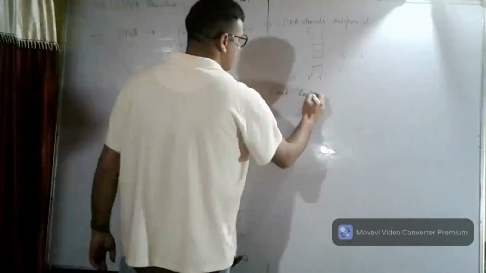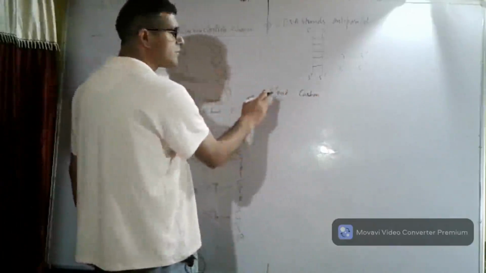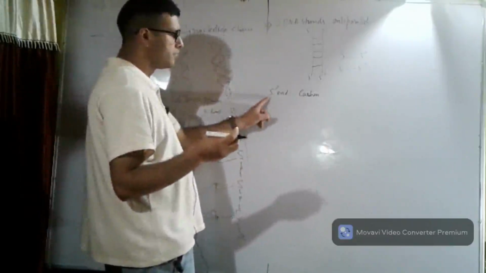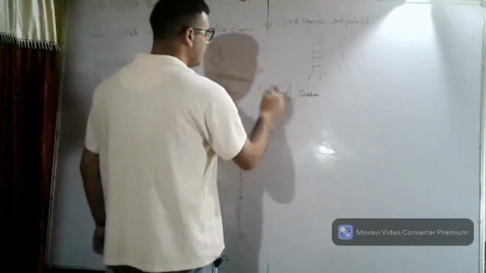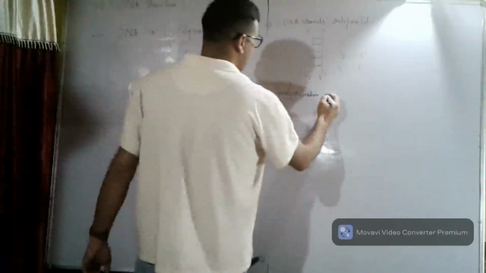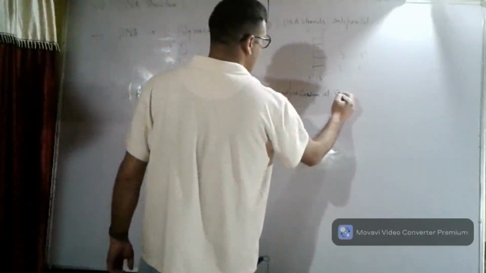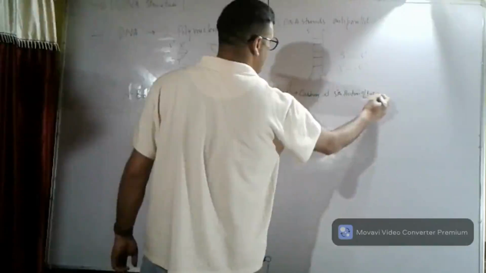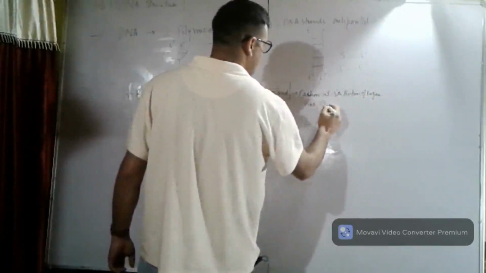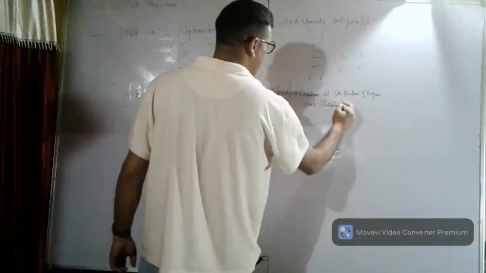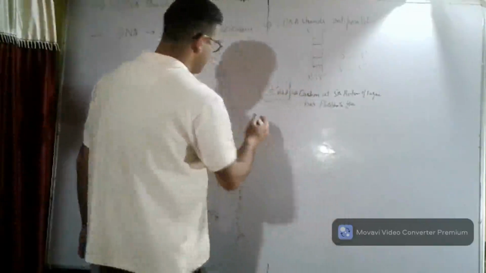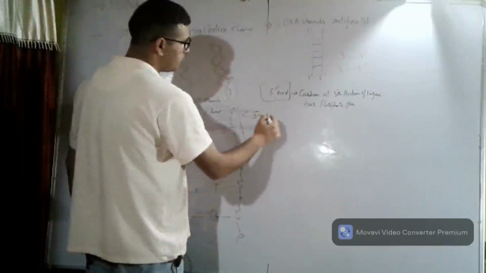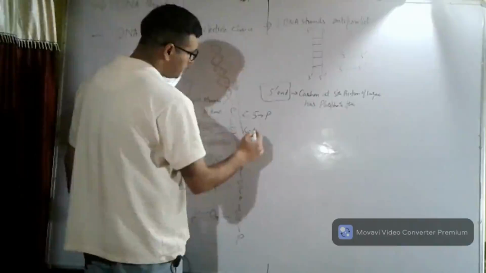This 5 means carbon at the 5th position of the sugar. So what do you mean by 5 dash end? The carbon present at the 5th position of the sugar has phosphate free. Remember that at carbon 5 we have phosphate, and at carbon 3 we have what?